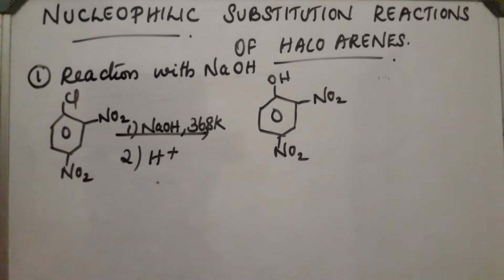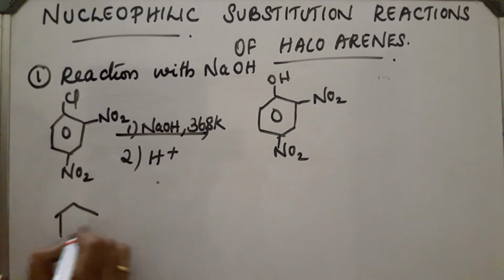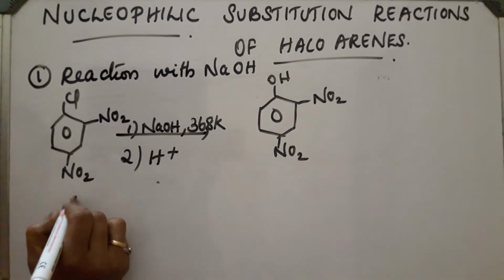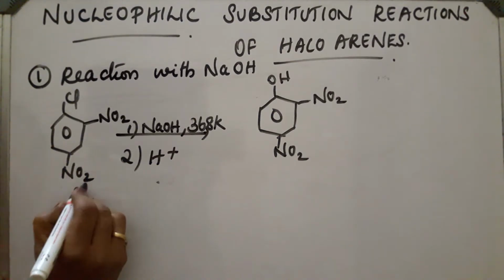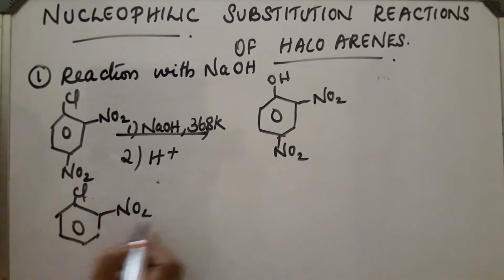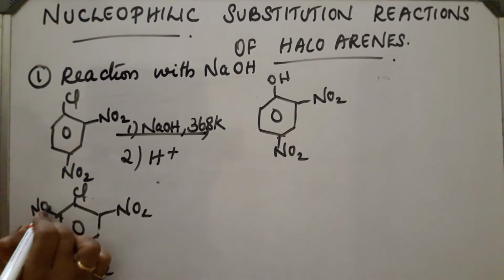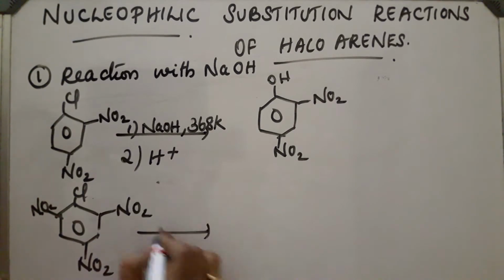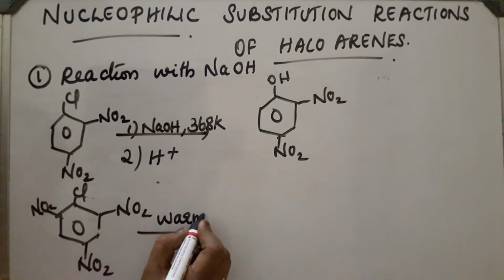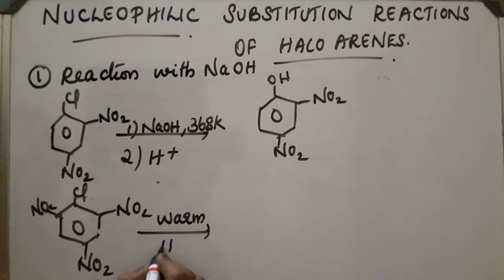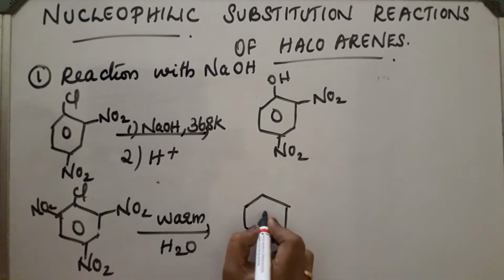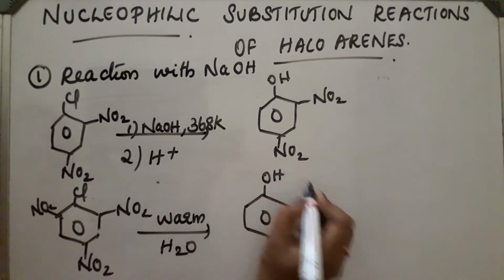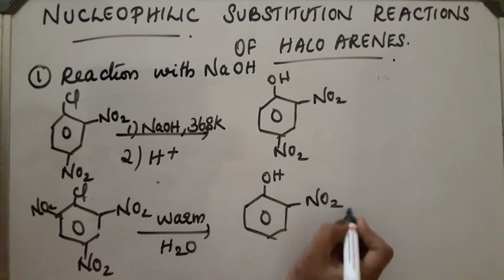Next, if three NO2 groups are present at ortho and para positions, the reactivity again increases. The reaction takes place in warm water, hydrolysis takes place, and the product obtained will be trinitrophenol.